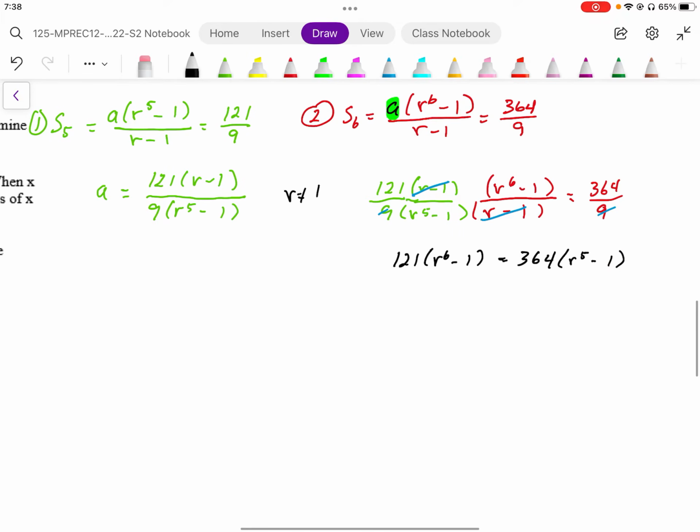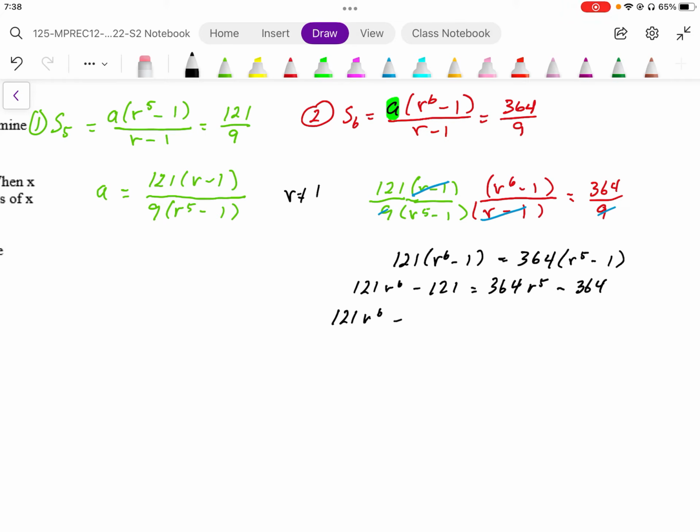So simplifying this out, I get 121 R^6 minus 121 is equal to 364 R to the power 5 minus 364. And then since this is a polynomial equation, I'm going to make this equal to 0.